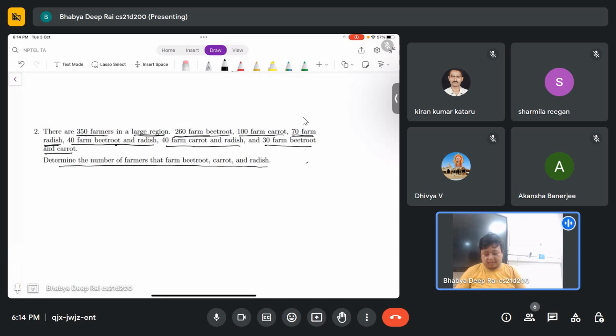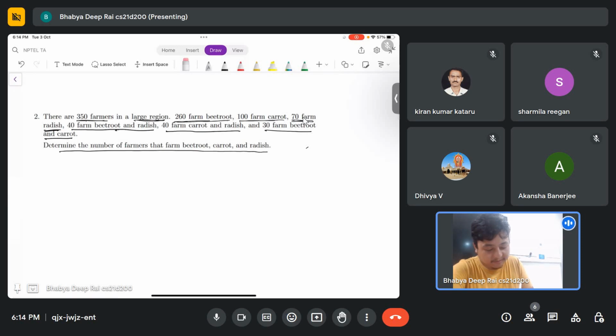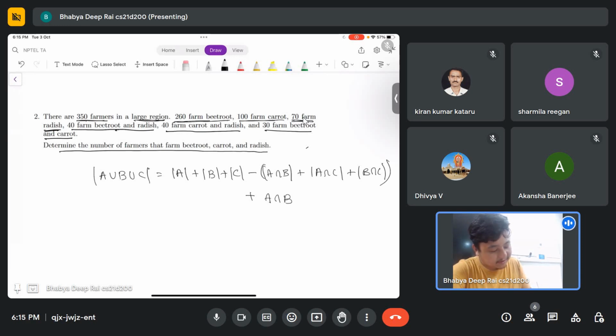As long as you remember the formula, I'll write the formula just in case again. The formula for the cardinality of A union B union C is A plus B plus C minus A intersection B plus size of A intersection C plus size of B intersection C, plus A intersection B intersection C. This is the formula.